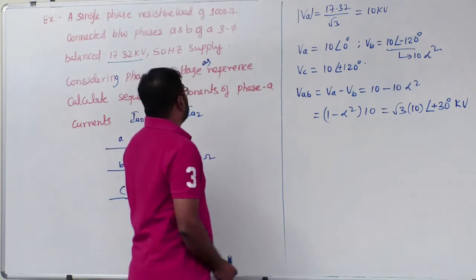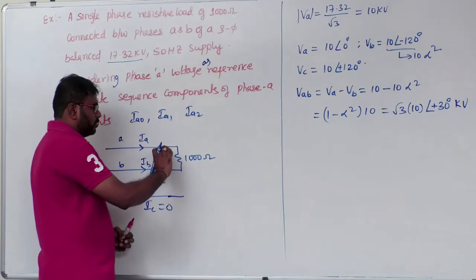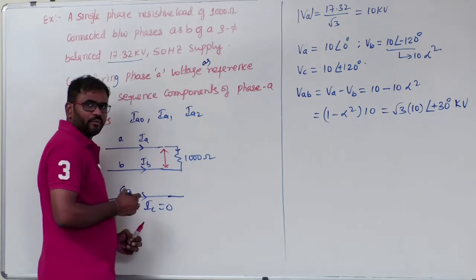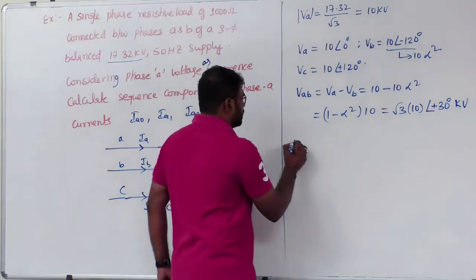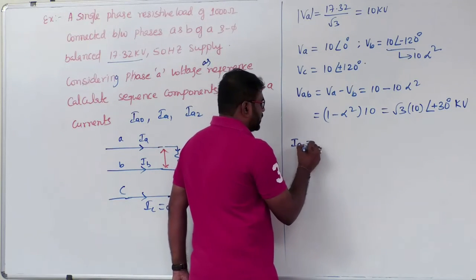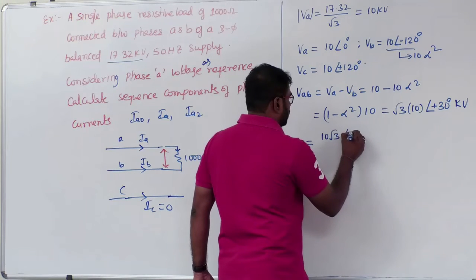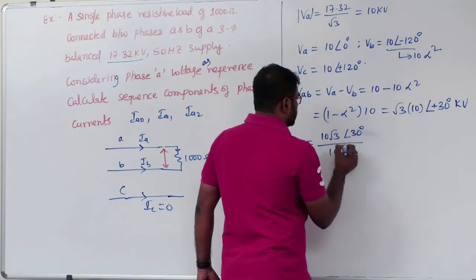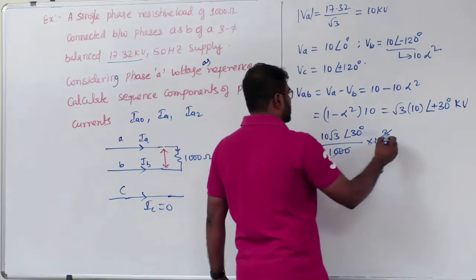Now, what is the current flowing here? The voltage divided with what? Resistance. That is what? IA. Correct or not? IB is minus IA. So that means IA is equal to voltage 10 root 3 at an angle plus 30 degrees divided with 1000 ohms into 10 power 3. Why? kV, so this gets cancelled.